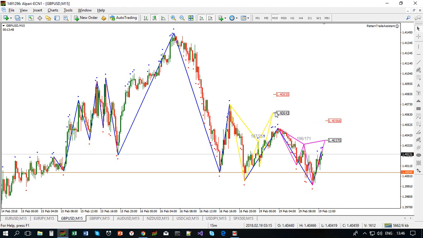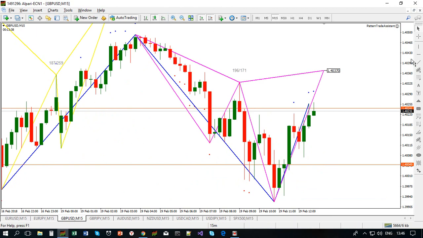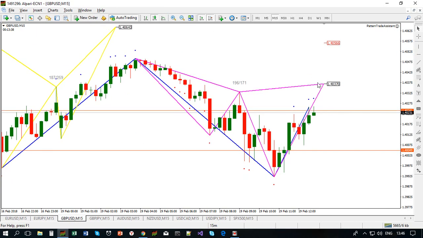We didn't complete the bat pattern and it went to the downside without triggering the entry, but the cypher pattern is absolutely valid. It is just right above, ready to complete if price goes here.